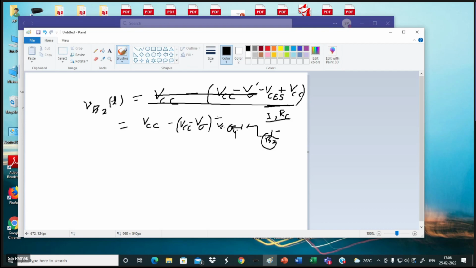Where is the mistake? VCC minus V sigma plus I1RC, and I1RC is what? Let me put it right here. Here I have got VCC plus V sigma minus I1RC. That was my final. Okay.